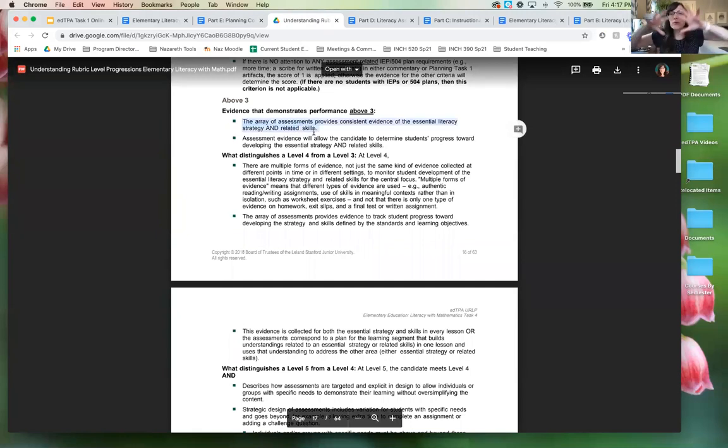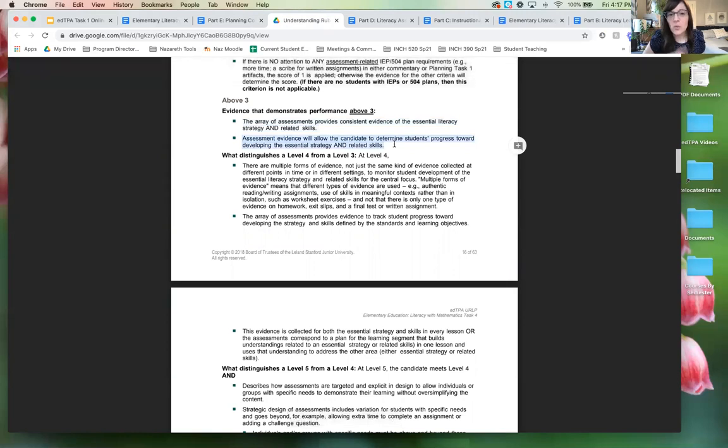That means multiple kinds of assessments. Not so much in this. We see an exit ticket and we see a rubric that's repeated. So I wouldn't call 2 kinds of assessment an array. We also see evidence that will allow the candidate to determine students' progress toward developing the strategy and the skills.